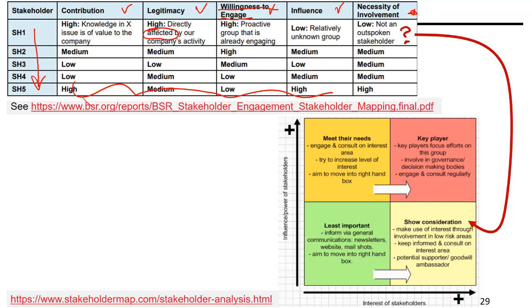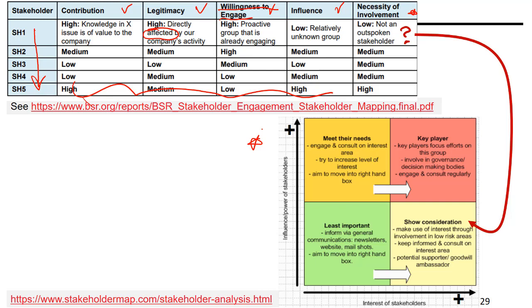Their interest, although it may be high, may be against our interests, so we need to deal with them, but we may not want to fully get them involved. Nothing against environmentalists, but they want to get involved, and you may want to just keep them at arm's length so they don't interfere too much, but you do need to listen to them. So, the necessity of involvement.